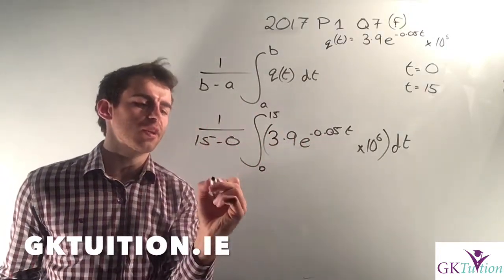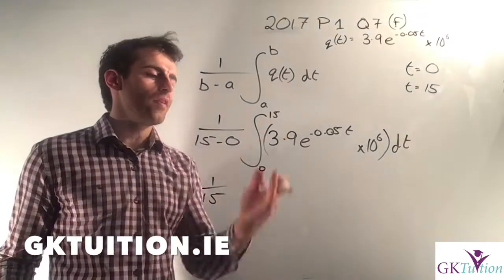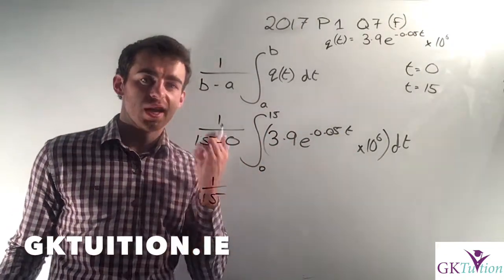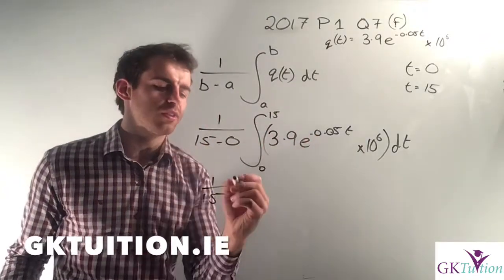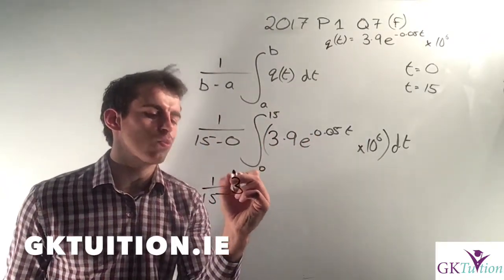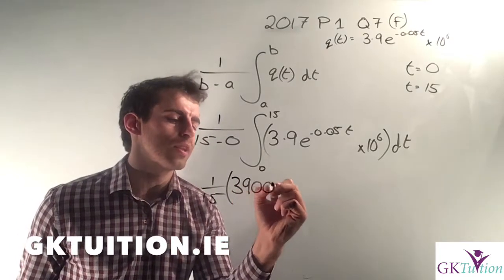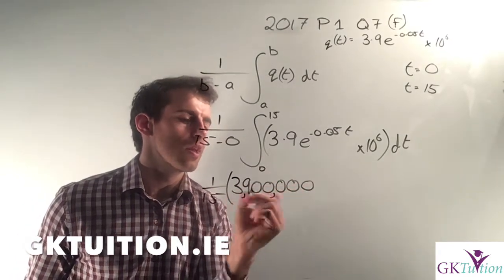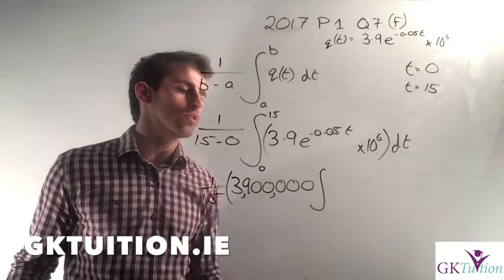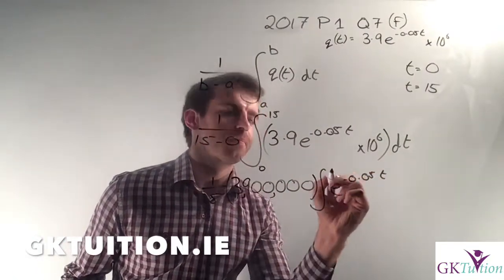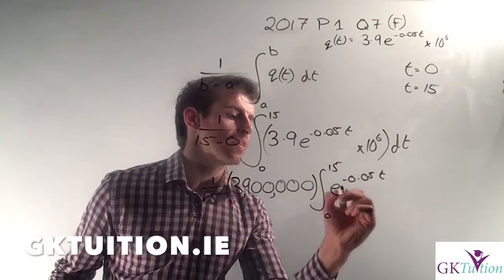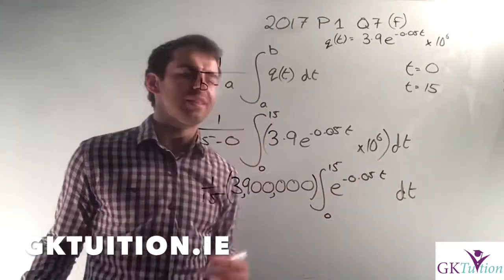So my fraction outside here is just 1/15th. Because it's a number, I can take it outside the integration sign, which means it's 1 over 15 times 3,900,000. And then I'm going to integrate e to the minus 0.05t. And my limits are from 15 to 0, and after that I'm going to put in a dt.